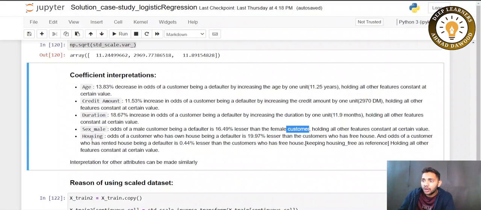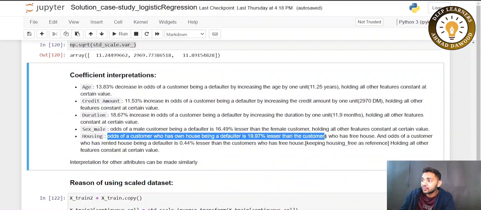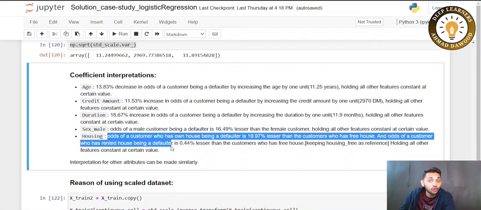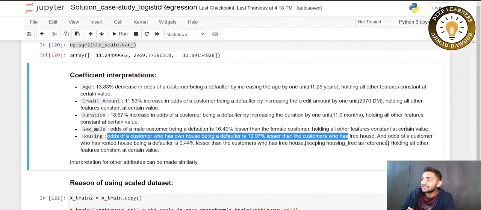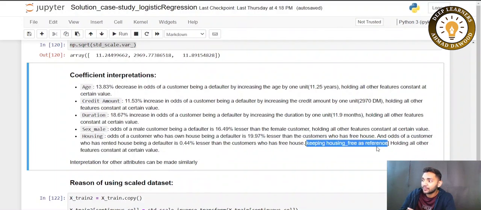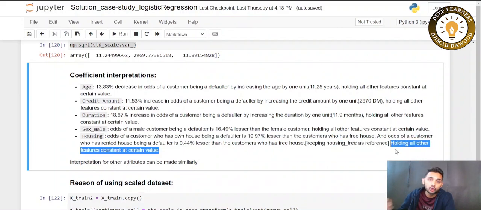Okay, housing: odds of a customer who has own house being a defaulter is 19.97% lesser than the customers who have free house, and odds of a customer who has rented house being a defaulter is 0.44% lesser than the customer who has free housing. So free housing will be used as a reference here, holding all other features constant at a certain value. In that way we can interpret our coefficients.